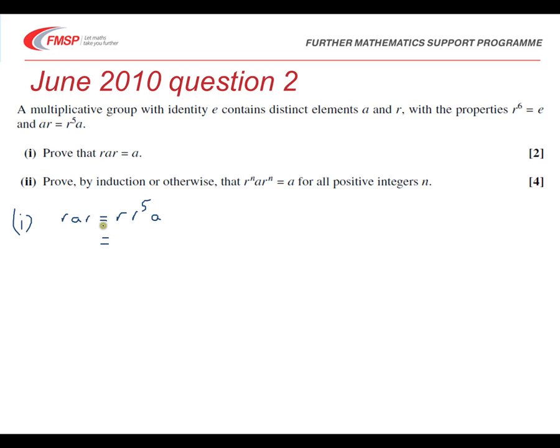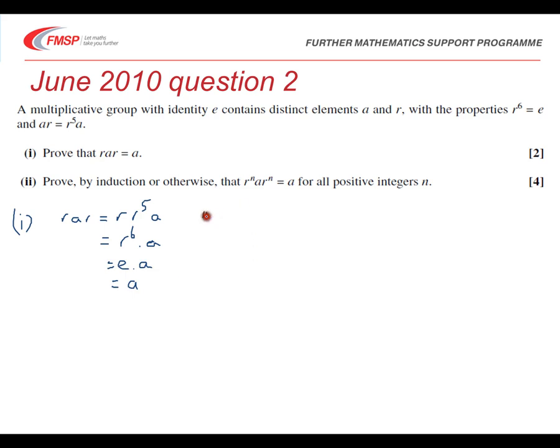So now I'm going to put these two together in this order, keeping the order fixed, but I can do any pair together at any one time. So I've got R to the 6 times A. R to the 6 is E, so I've got the identity element times A, which is A.